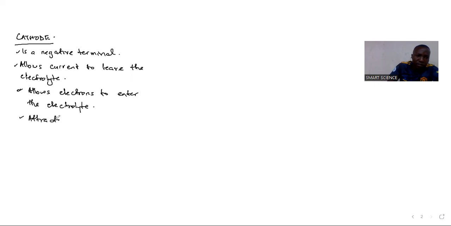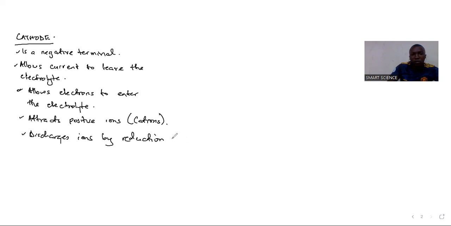It attracts positive ions, which we call cations. It discharges ions by a process known as reduction, or gaining of electrons.